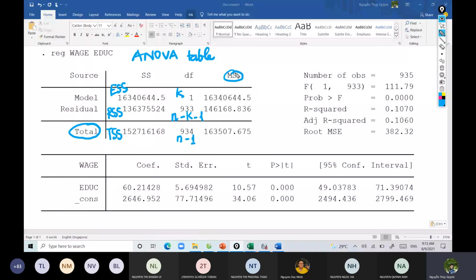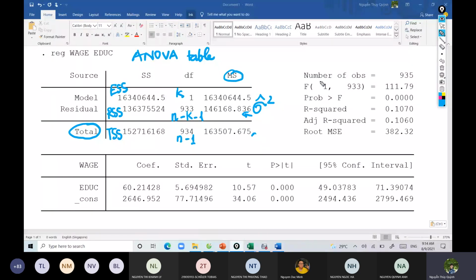Sigma square hat, this one. All right, and what about this one? This one is the sample variance of the dependent variables.